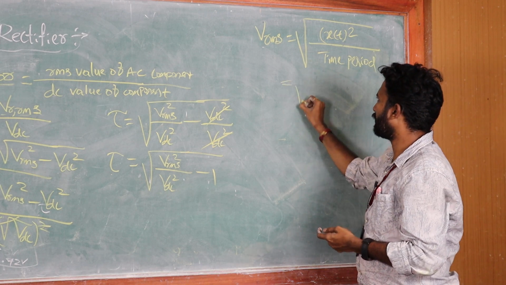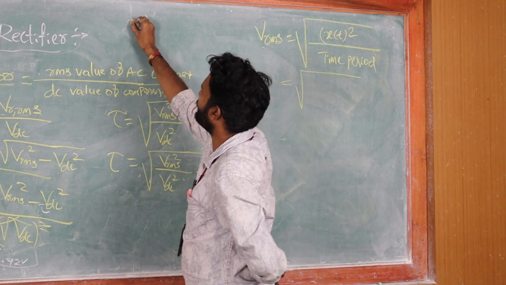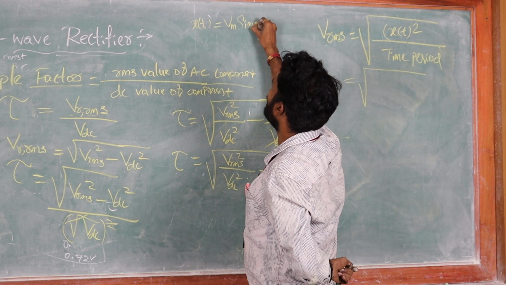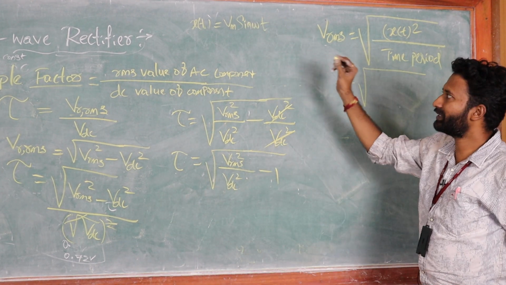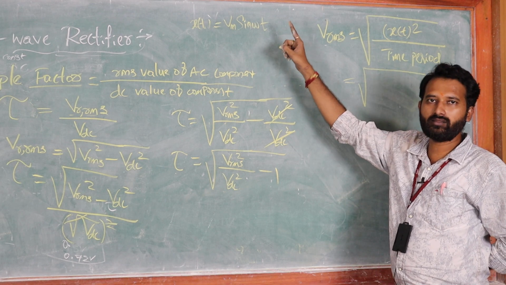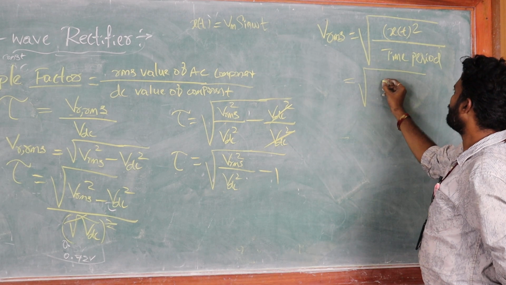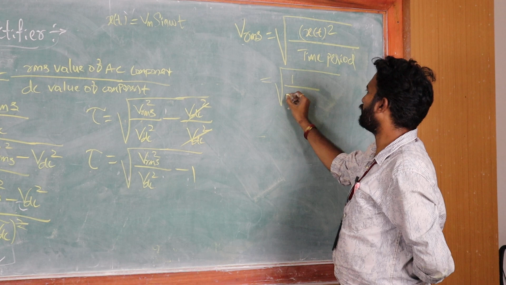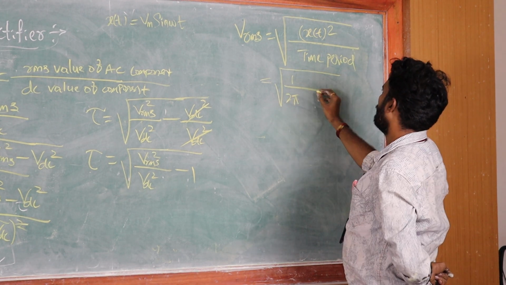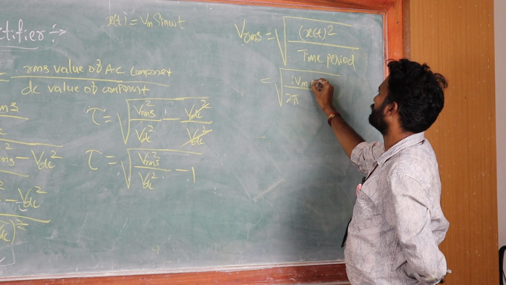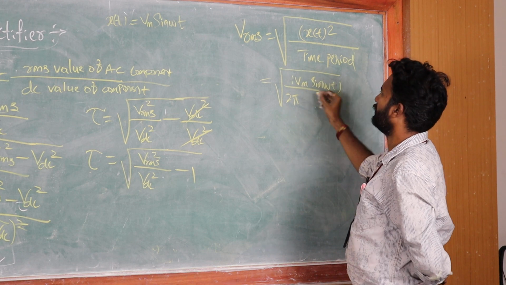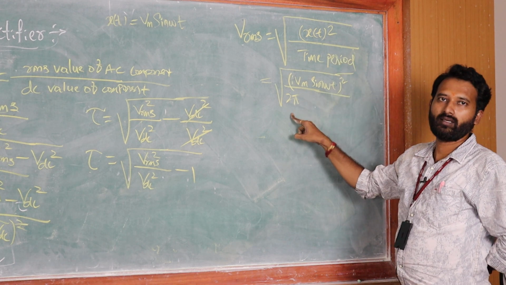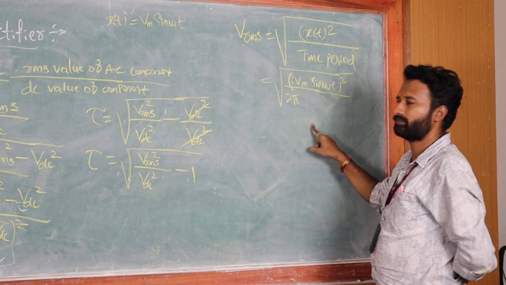As I have given, x of t is equal to Vm sin omega t. So my time period will be 0 to 2 pi, so 1 by 2 pi, and x of t is Vm sin omega t whole square, divided by the total time period 2 pi, 0 to pi and pi to 2 pi.